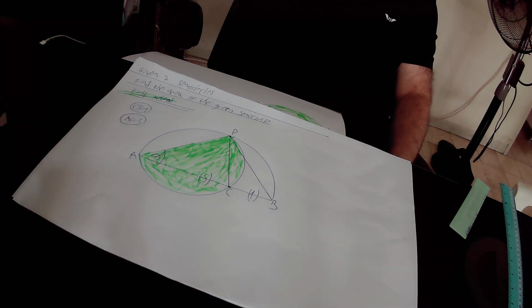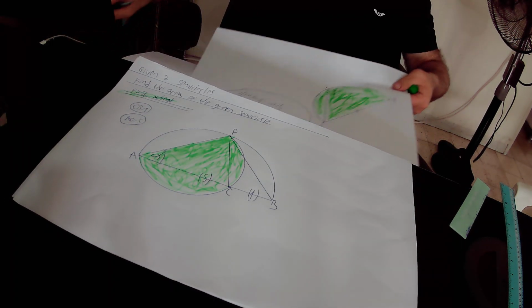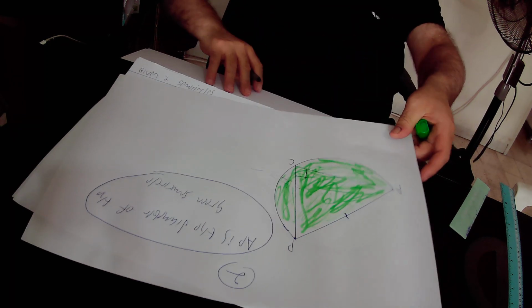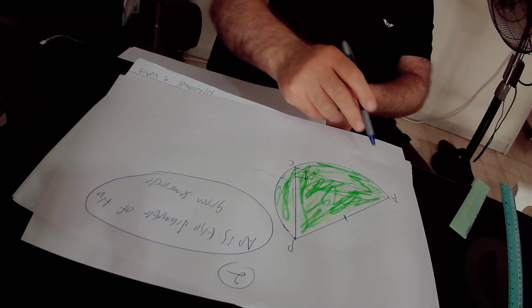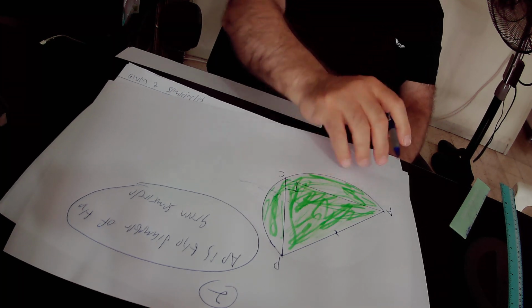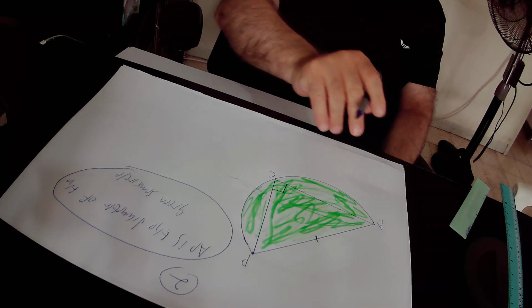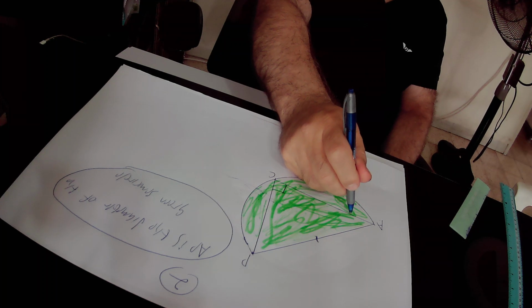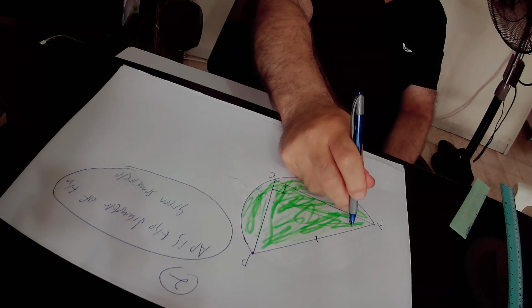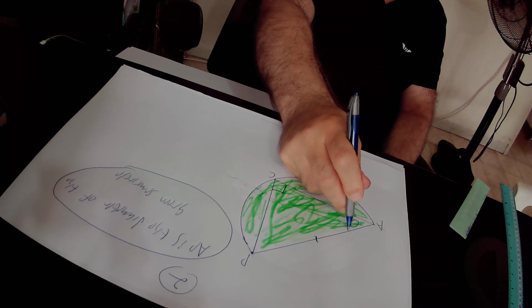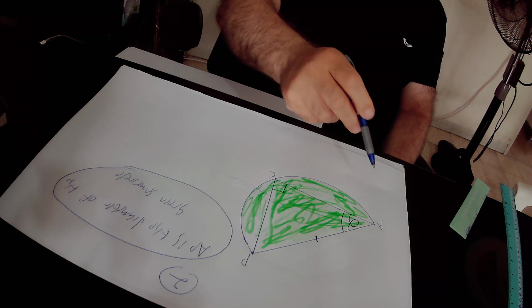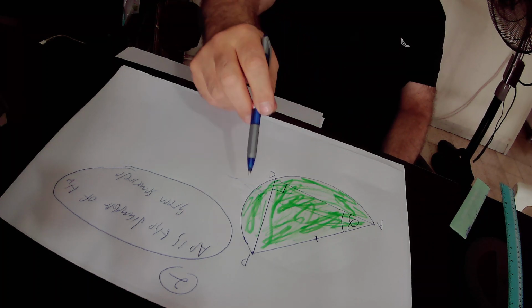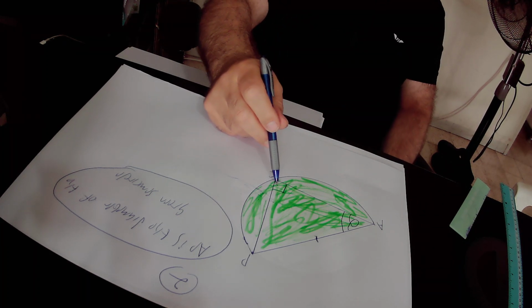Likewise, we define this common angle A as alpha. So in the right triangle ACP, this angle equals alpha, this angle equals 90 degrees.